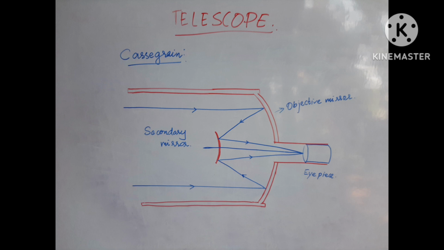In order to resolve this, we can use a secondary mirror that deflects the rays of light to a small hole in the primary objective mirror. So at the surface of the objective mirror we place a small hole, and we focus the entire rays into that hole.